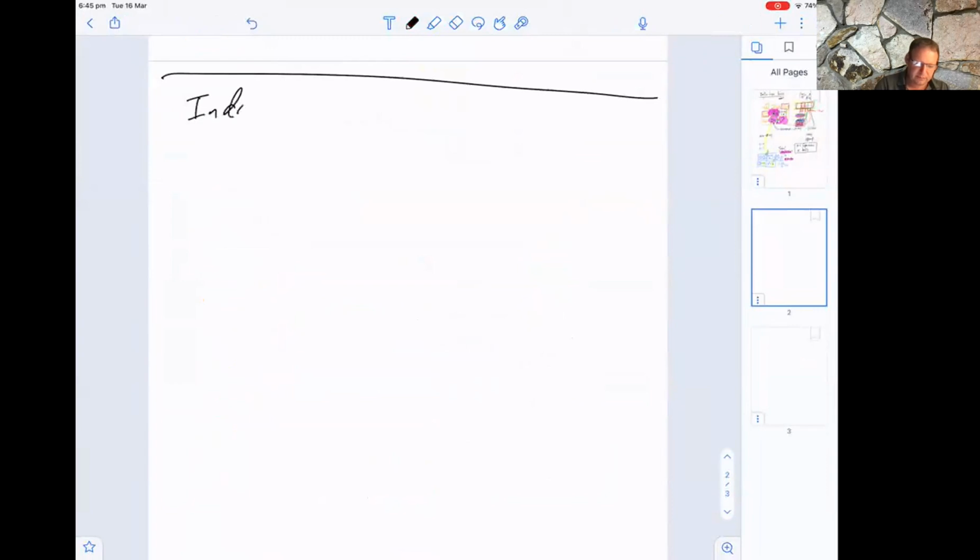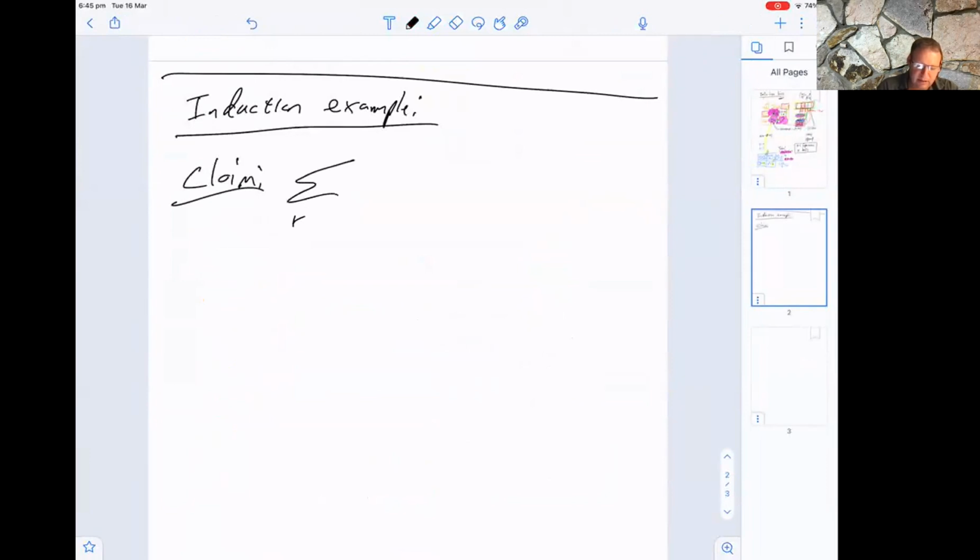Induction example. Claim: the sum of k from 1 to n of k is n times (n plus 1) over 2, like you need to do in the homework.